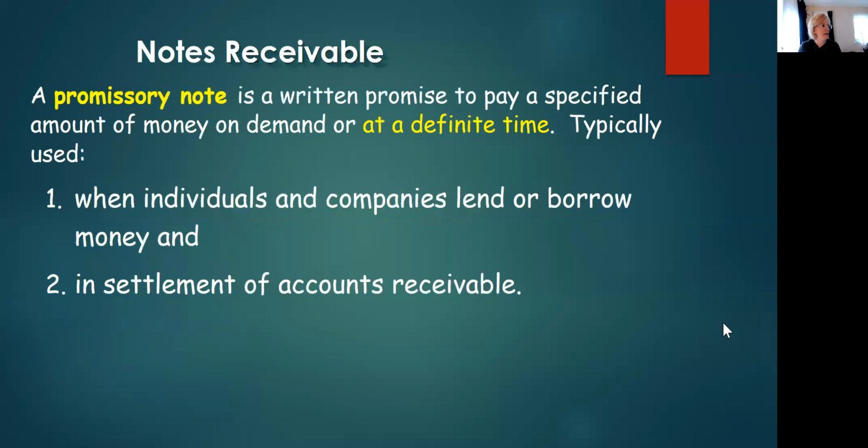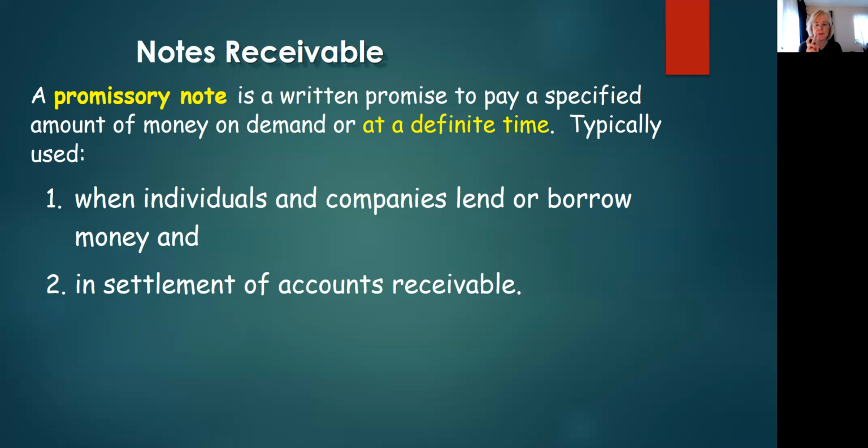Okay. All right, a promissory note. So we are on page 27 of your course pack. A promissory note is a written promise by your customer to pay a specified amount of money on demand or at a definite time.